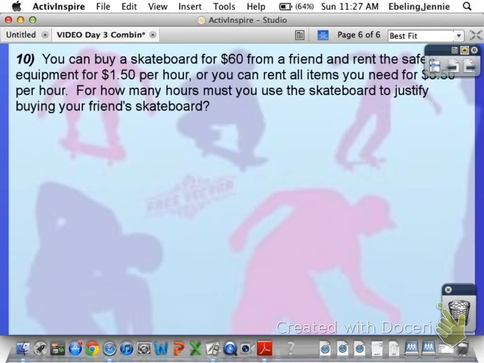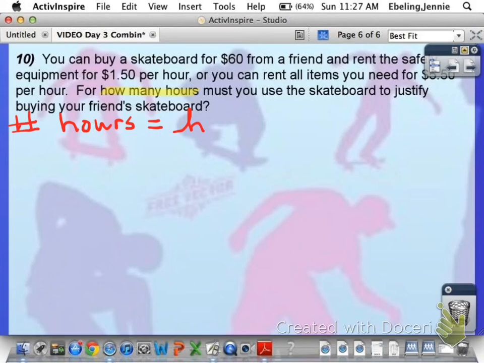Okay, so the question really here is for how many hours. That's what I don't know. So before I do anything, I read the problem, and now I want to set up my variable. So when it's asking for how many hours, hours is what I don't know. So I want to say the number of hours is going to be H for hours. So now that I've defined my variable, I'll go back to the first sentence and go phrase by phrase.